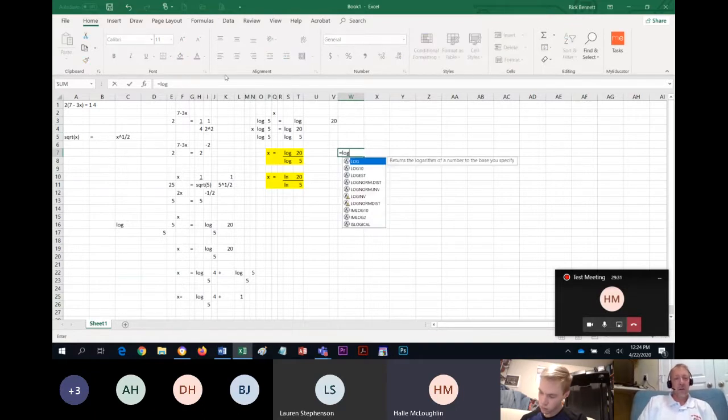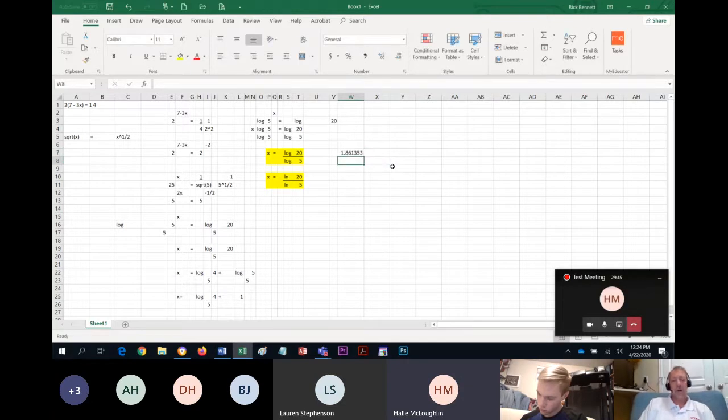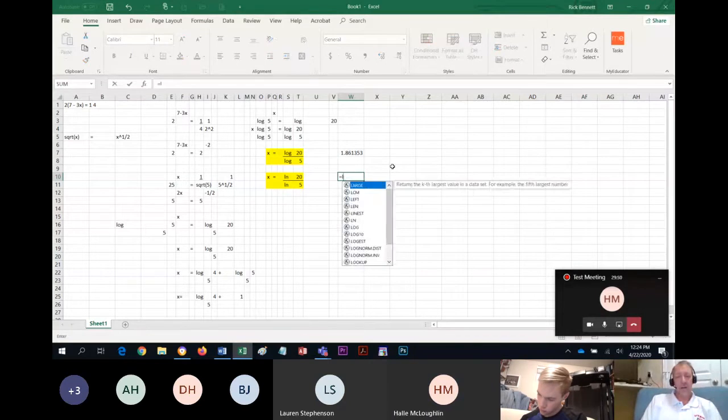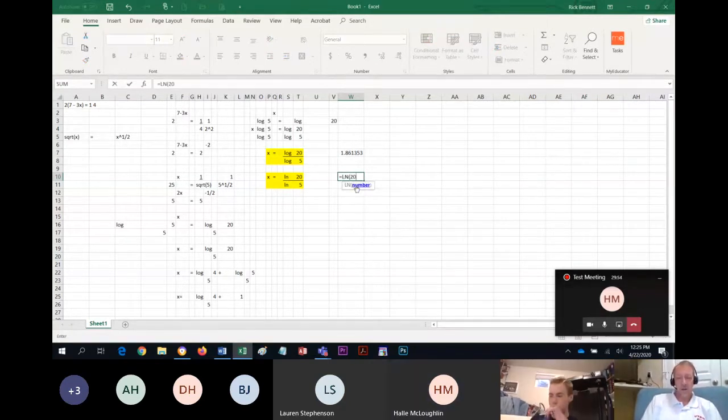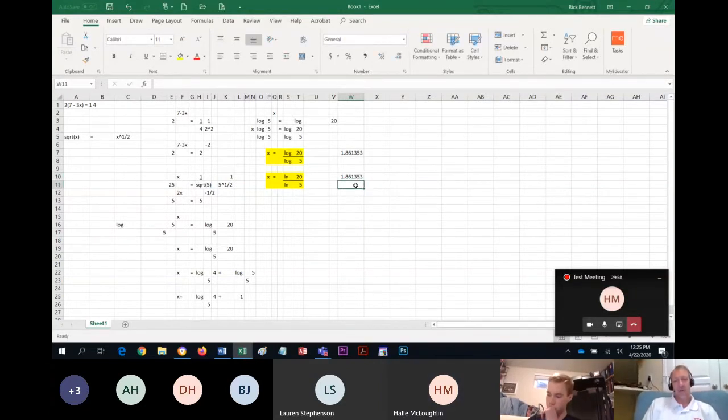Do I need to use log 10 of 20 divided by log 10 of 5? Yeah, it is 1.86. Or if I use the natural logs, the ln of 20 divided by the ln of 5, I still get 1.86 either way.